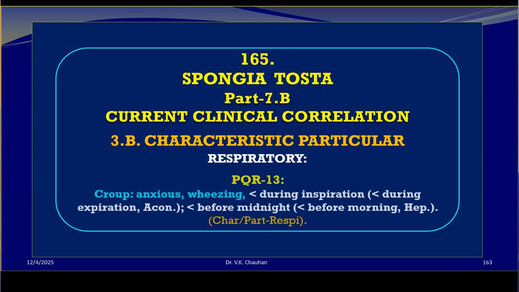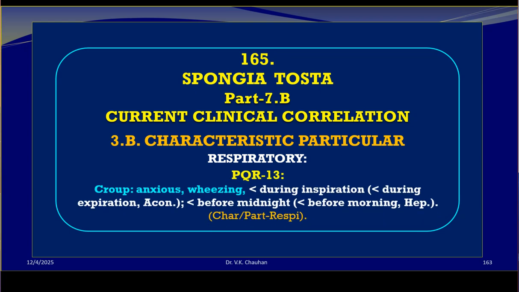Friends, we are still in the respiratory system and PQR 13. Here a distinct condition is talked about, croup: anxious wheezing worse during inspiration, and worse during expiration is Aconite. Worse before midnight, please remember, the cough of Spongia is worse before midnight, and worse before morning is Hepar sulph.